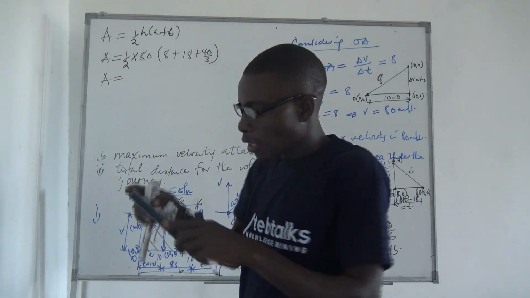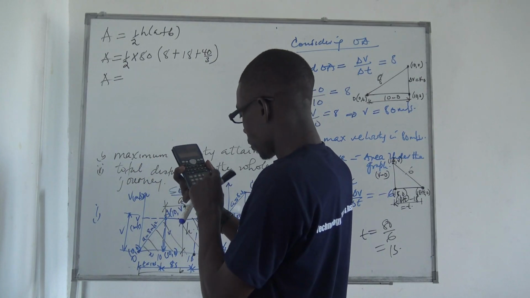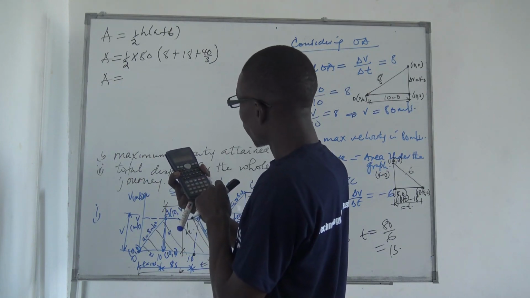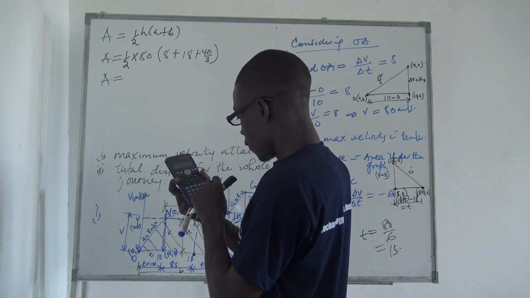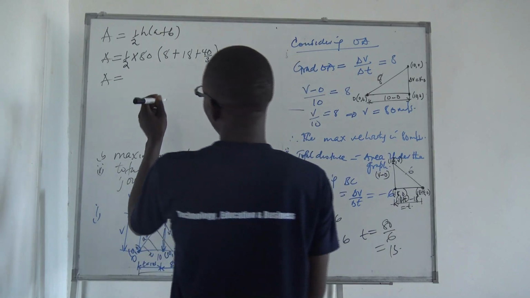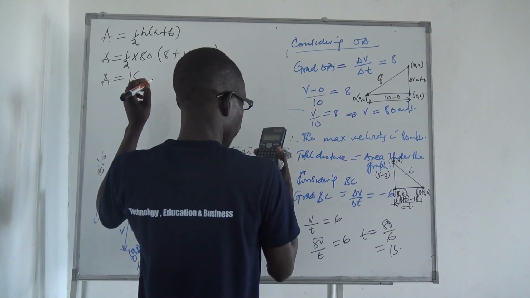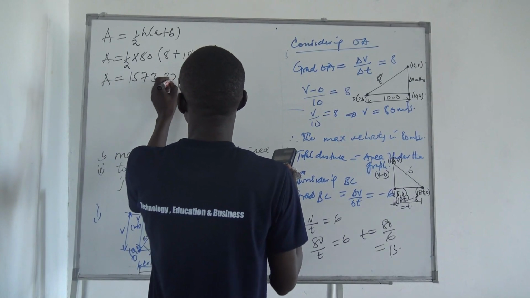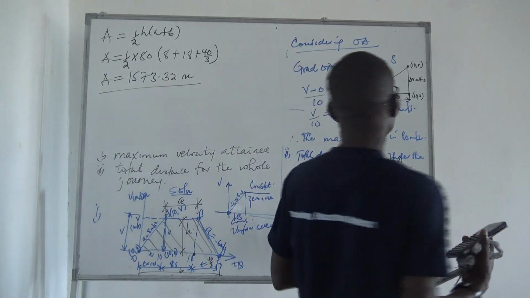If I press it, it will be 18 plus 8 will give me this, times 80, divided by 2. So that means I have something like 1573.32 meters, and this is the area.